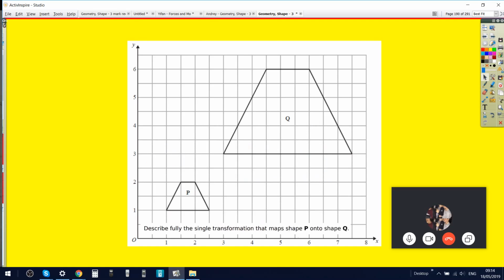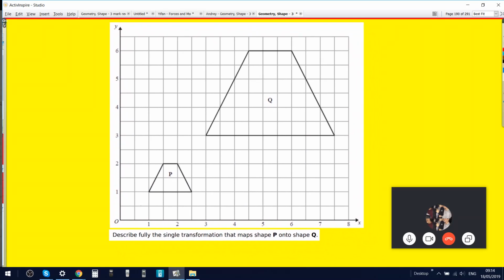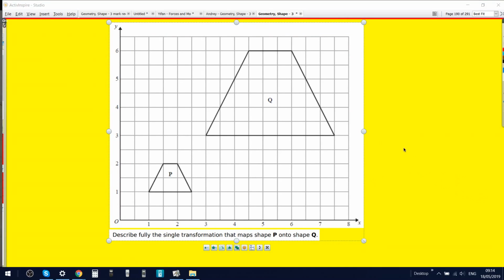Enlargements. How about this one? So for enlargements, do you talk about scale factor? Yeah. I think the scale factor from P to Q is 3.